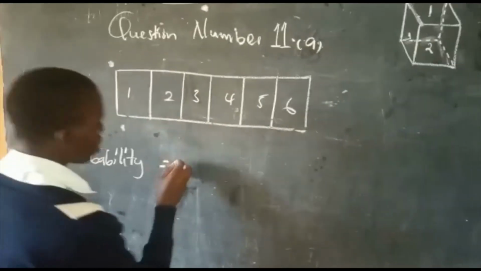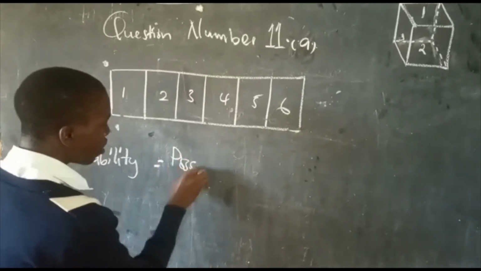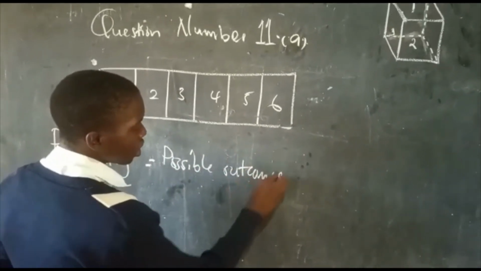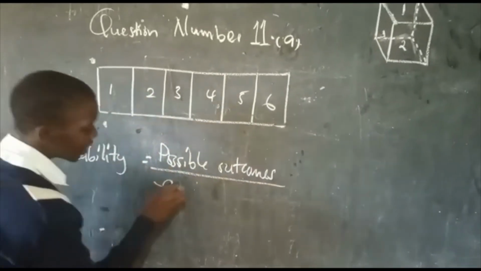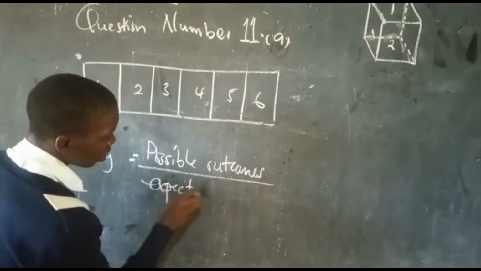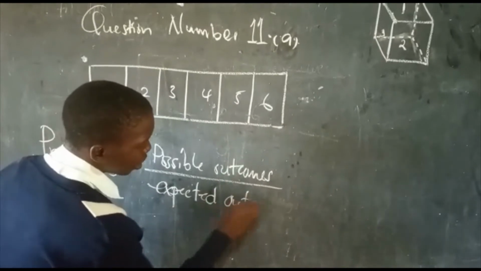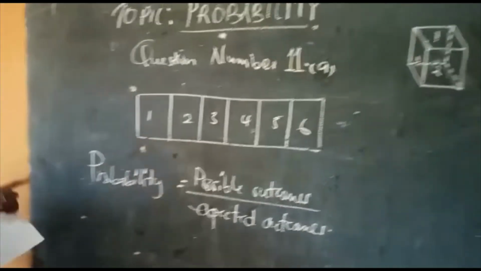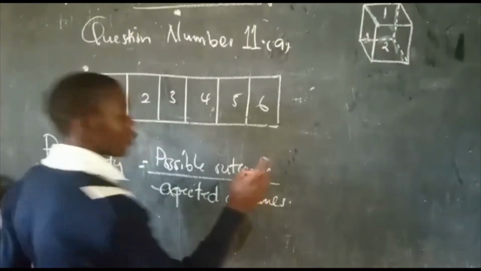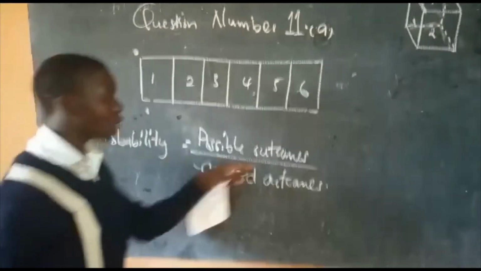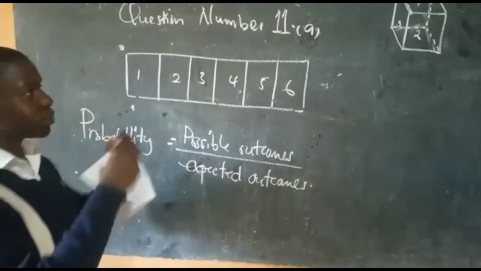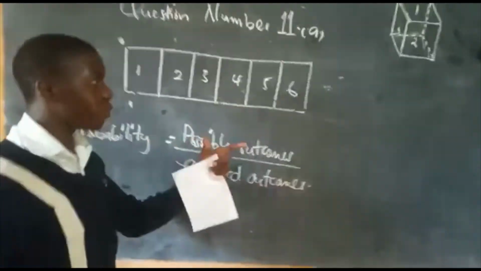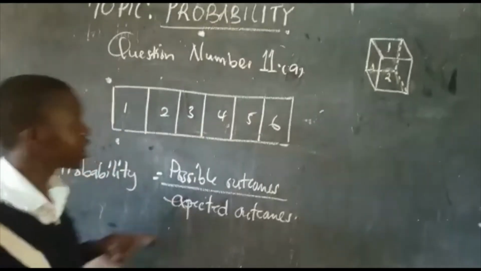In this case, if I'm talking about probability, it equals the possible outcomes over the expected outcomes. Now, ask yourself a question: what are the possible outcomes? I'm talking about those possible triangular numbers that must surface at the top if the dice is tossed.